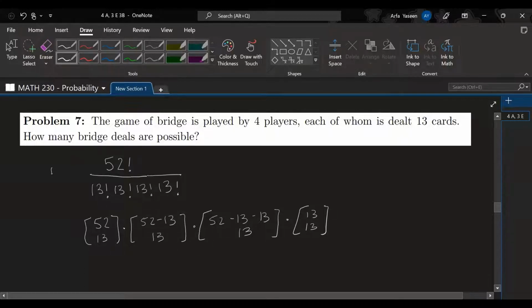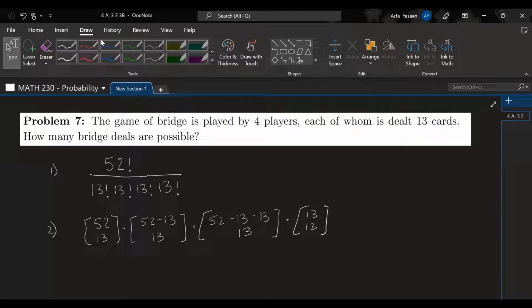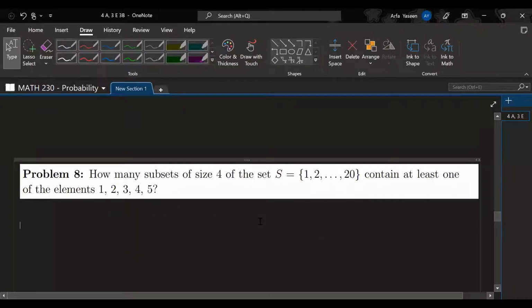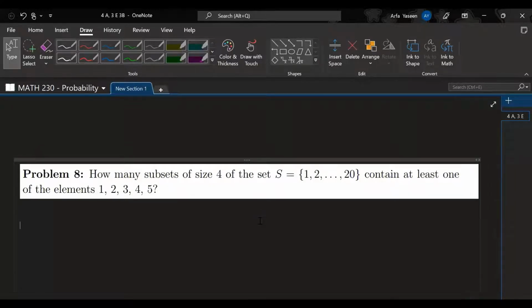This is the first way and this is the second way. And by the way, I wouldn't be reading chat. I don't think there's anything there, but if there's something that needs to be explained, please ask me by unmuting.